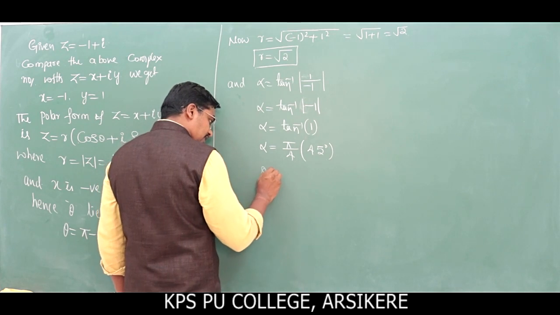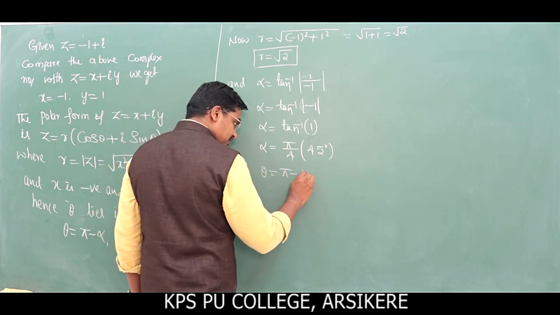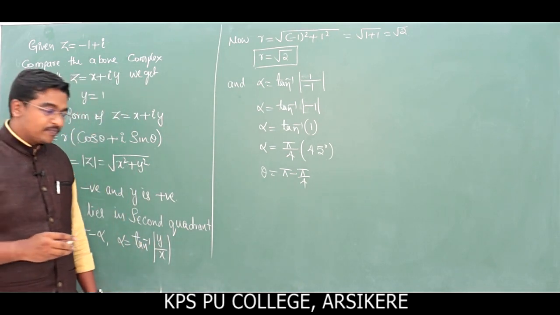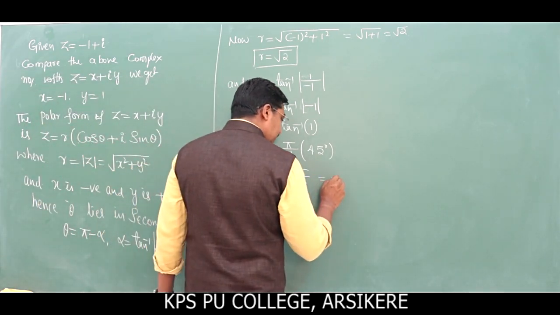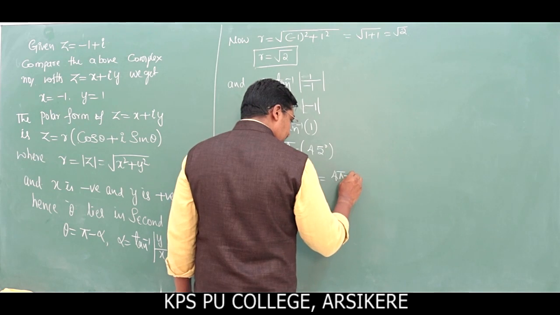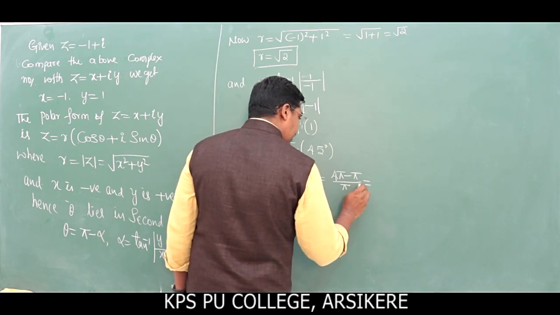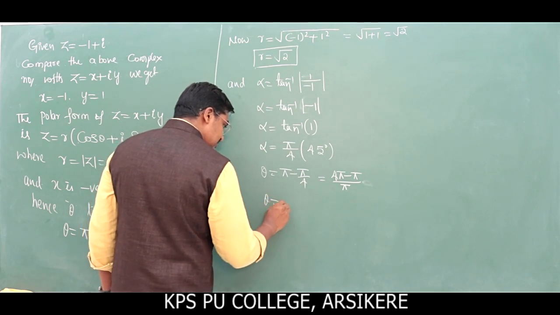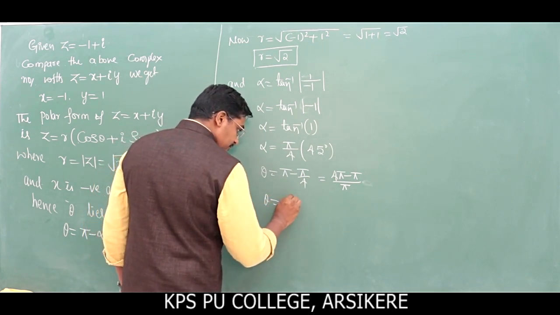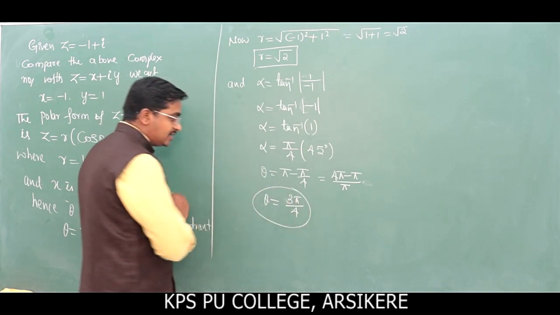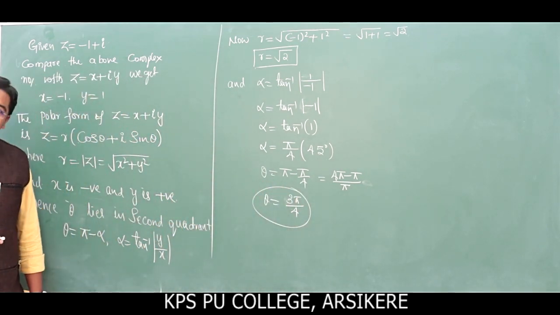Therefore theta is equal to pi minus pi by 4, or pi minus alpha. 4 is the LCM, so 4 pi minus pi divided by 4, this is nothing but theta is equal to 3 pi divided by 4. Theta is equal to 3 pi divided by 4.